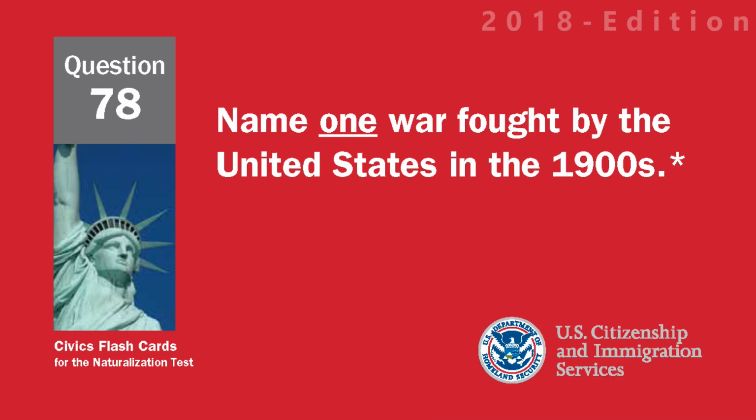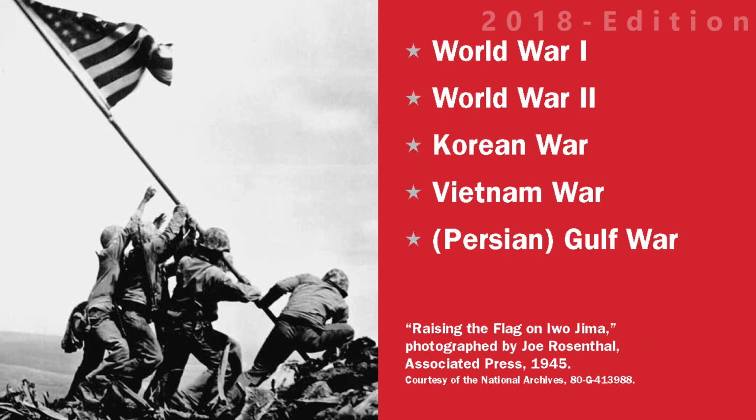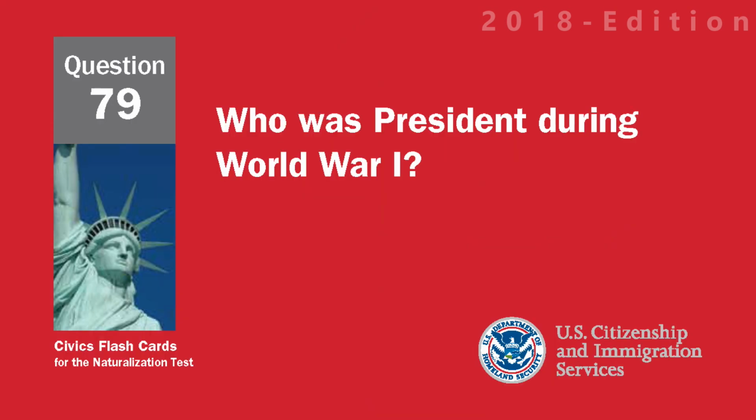Name one war fought by the United States in the 1900s. World War I. World War II. Korean War. Vietnam War. Persian Gulf War. Who was president during World War I?